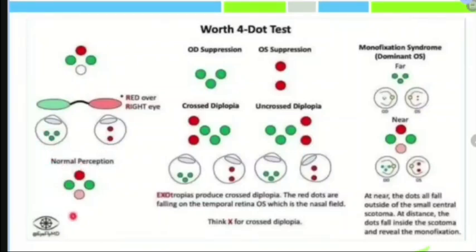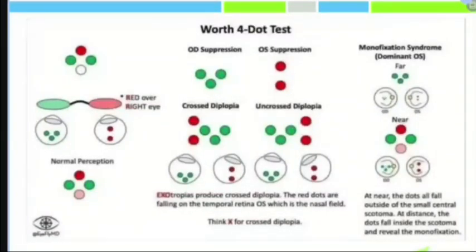You will get these 4 circles in a diamond-shaped pattern, and you have to ask the patient how many colors there are, how they are placed, and what the image looks like, so that you get an exact interpretation of what the patient is going through. The patient will have 1 red at the top, 2 green at either side, and 1 pink, or red and green flickering, at the bottom.